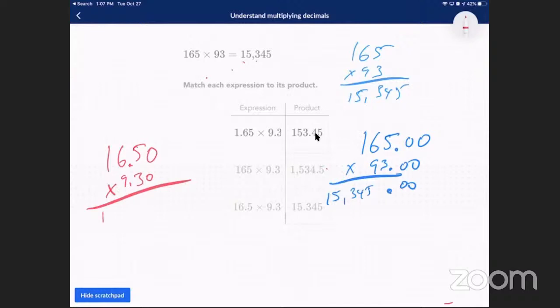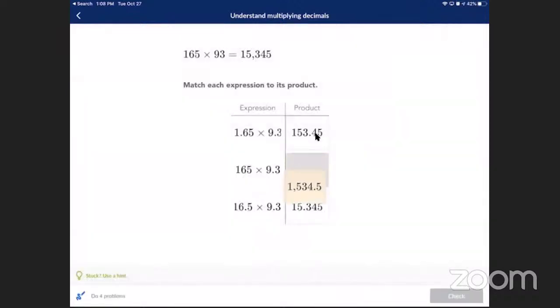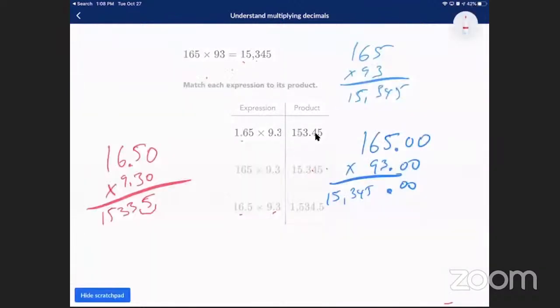So the numbers would still come out, but we would just move one to the left. So for example, here is 16.93, 0.23. So you probably would get this one here and put that there.